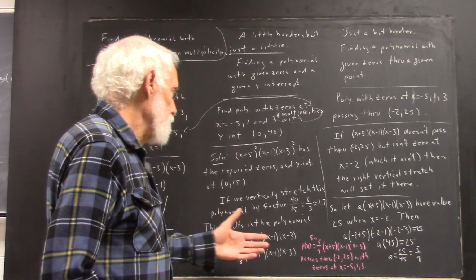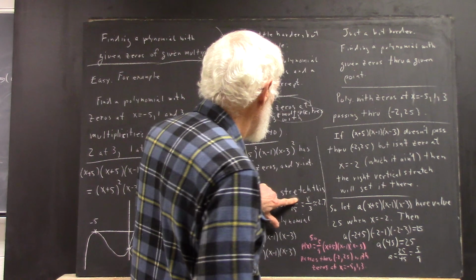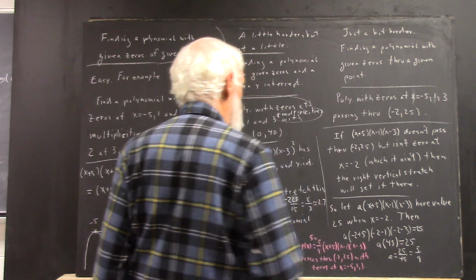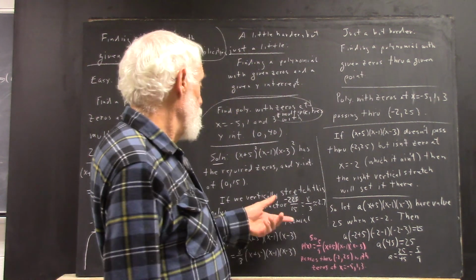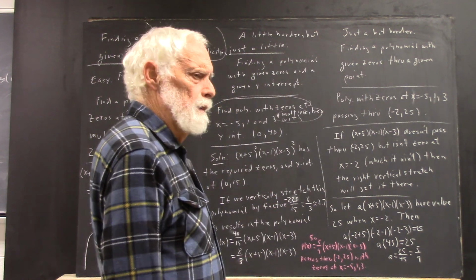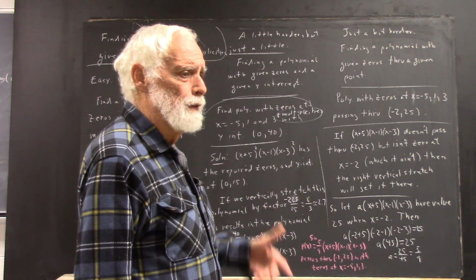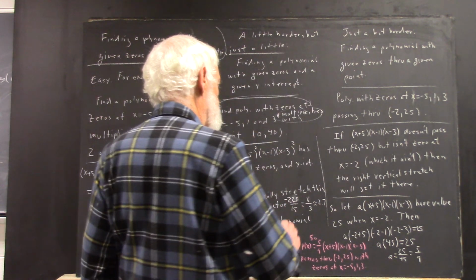So how do we reason this out? We vertically stretch the polynomial by factor negative 225 over 15. Okay? Now 15 goes into 225. Wait a minute, something's wrong. Goes into 30 twice, then 14. Yeah, that's right, 15.